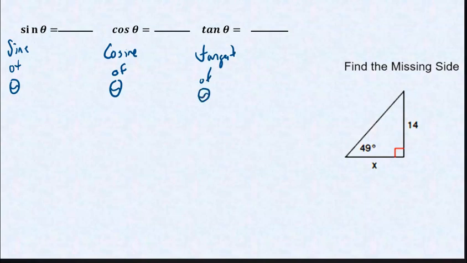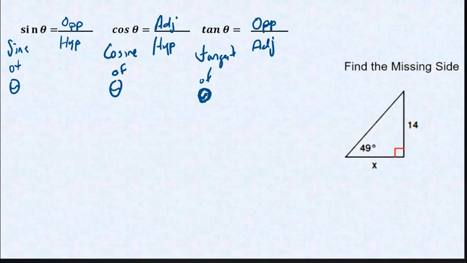These ratios are derived from dividing the opposite leg and the hypotenuse of a right triangle, the adjacent leg and hypotenuse of a right triangle, and the opposite and adjacent leg of a right triangle. Theta is just a Greek letter meaning reference angle.